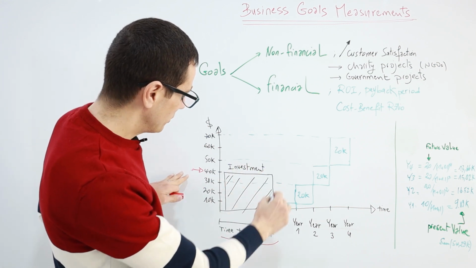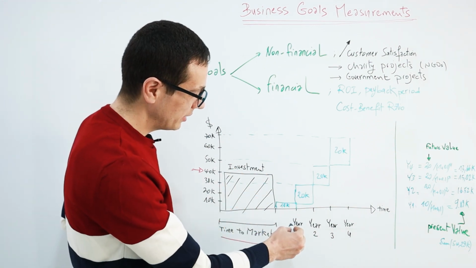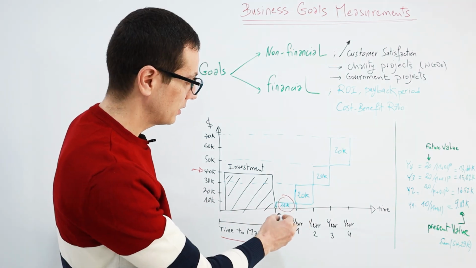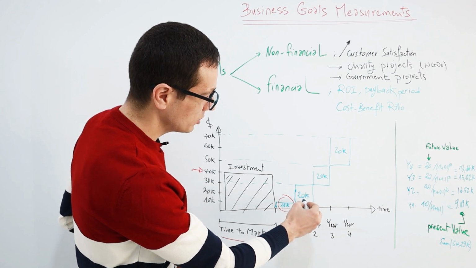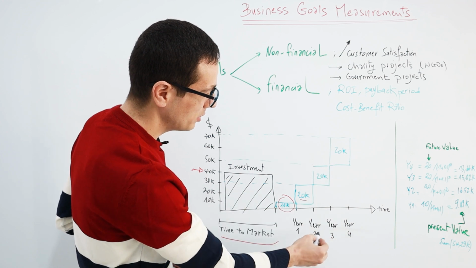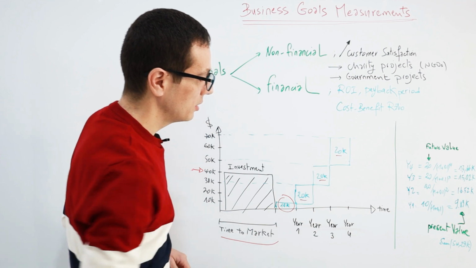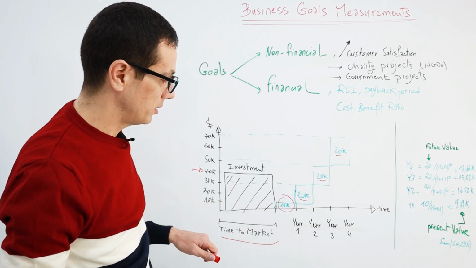So imagine you are going to invest 40K here. We are supposing at the end of year 1, we are going to generate 10K, and at the end of year 2, we are going to generate 20K. Same for the subsequent years, year 3 and year 4, we will generate $20,000.